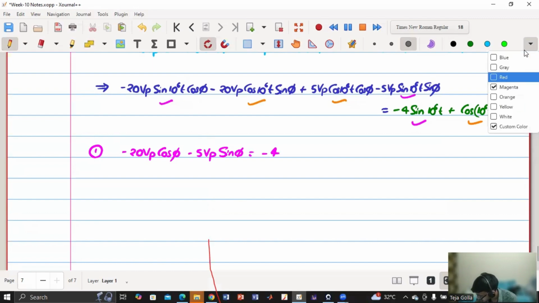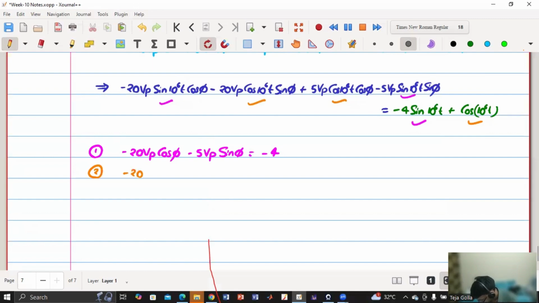And the second equation, for cos 10 to the power 6 t: minus 20 Vp sin 5 plus 5 Vp cos 5 equals 1. Agree? Or did I make any mistake? Please let me know. Is this okay?